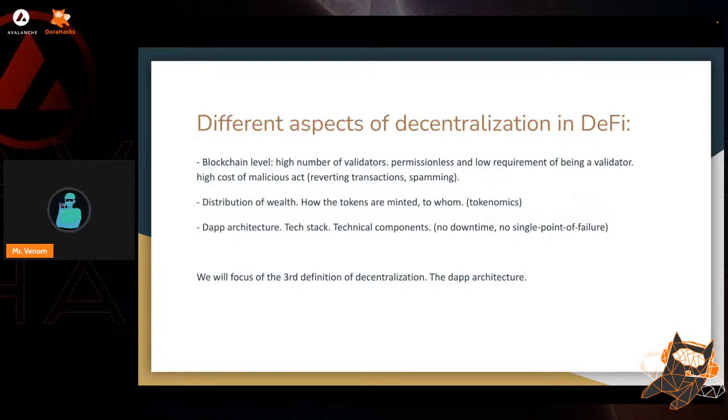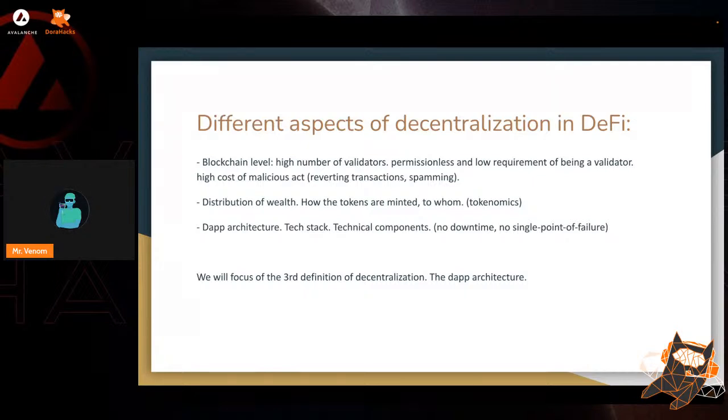And when we talk about decentralization, I think there are multiple aspects to it. So let's go through each of the definitions, right? For example, if we are talking about the blockchain level, the underlying blockchain such as Ethereum, Avalanche, or BSC, there's a concept called decentralization that measures how many validators there are, and whether it is permissionless.